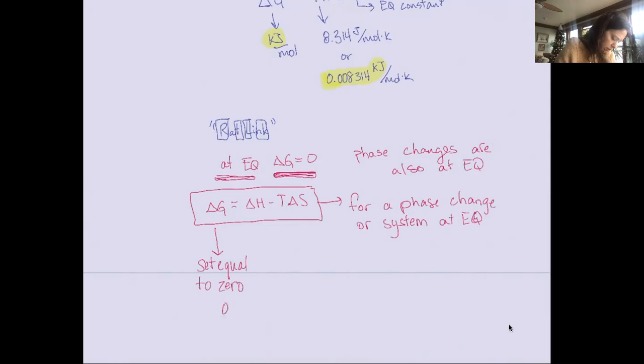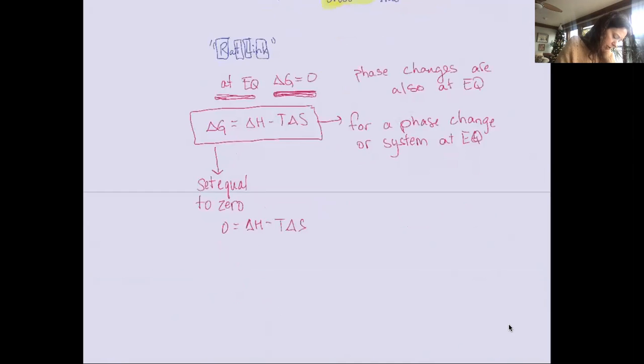We're left with 0 equals delta H minus T delta S. And if we rearrange that, we have delta H equals T delta S. All right. Now, this temperature can be solved for.